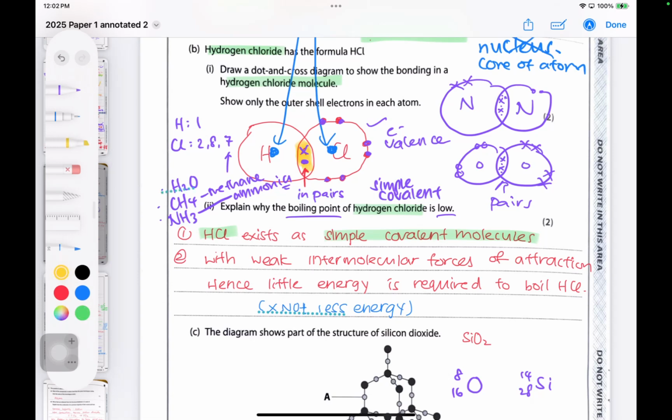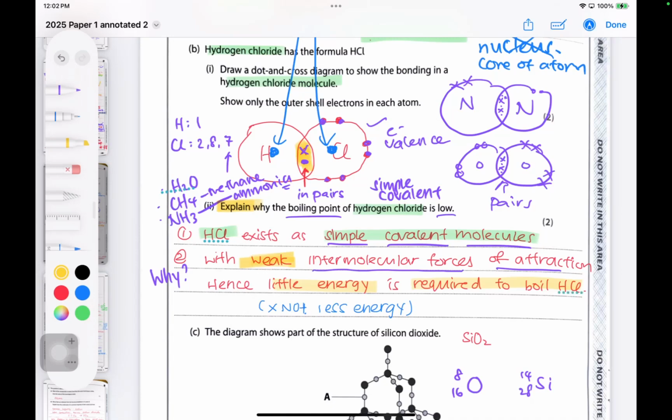Then you move on to, again, the common word here is explain, so you need to talk about the why. Okay, so what if they are simple covalent molecules? Why is it that their boiling and melting point is so low? It's because their intermolecular forces of attraction are weak, and therefore little energy is required to boil or melt, based on the question.